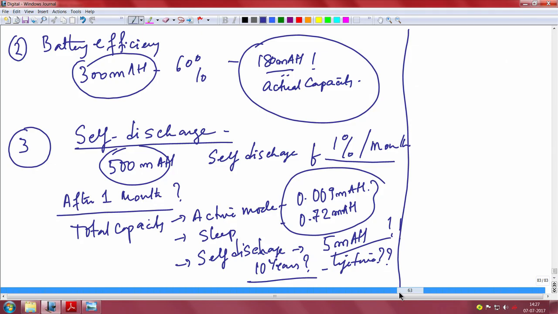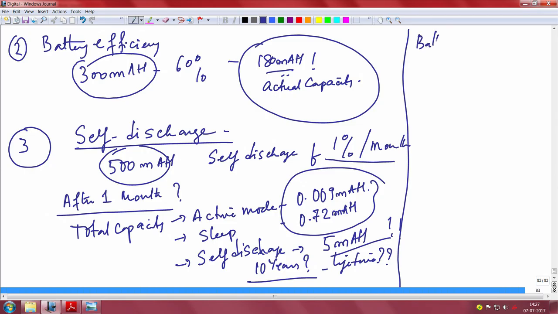So, one thing that occurs to me is, let us say, how to improve the battery life.